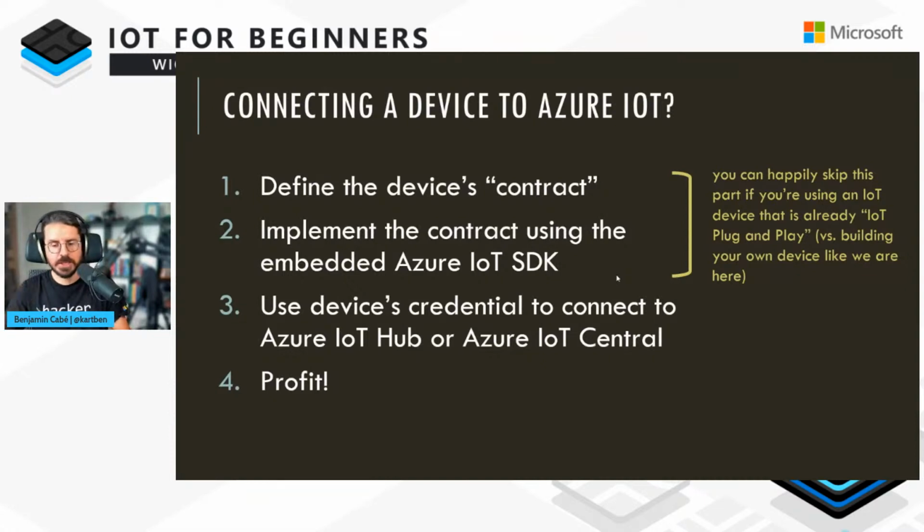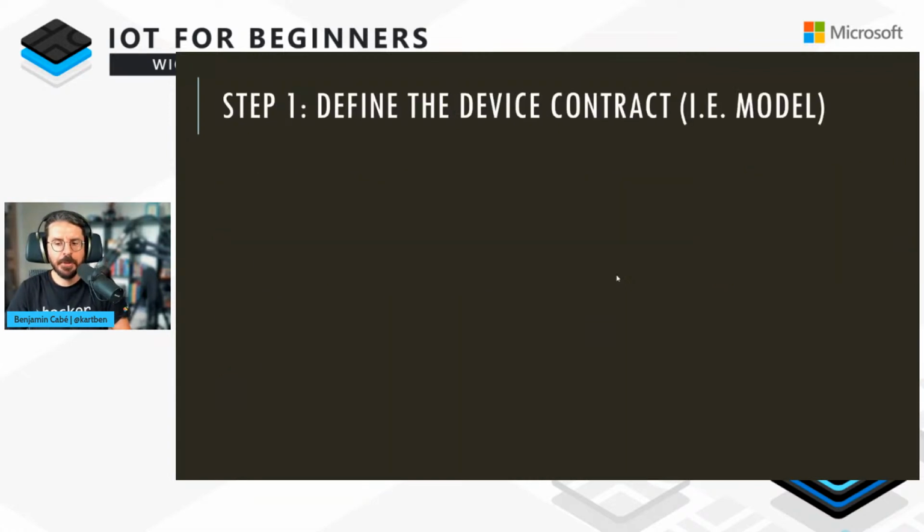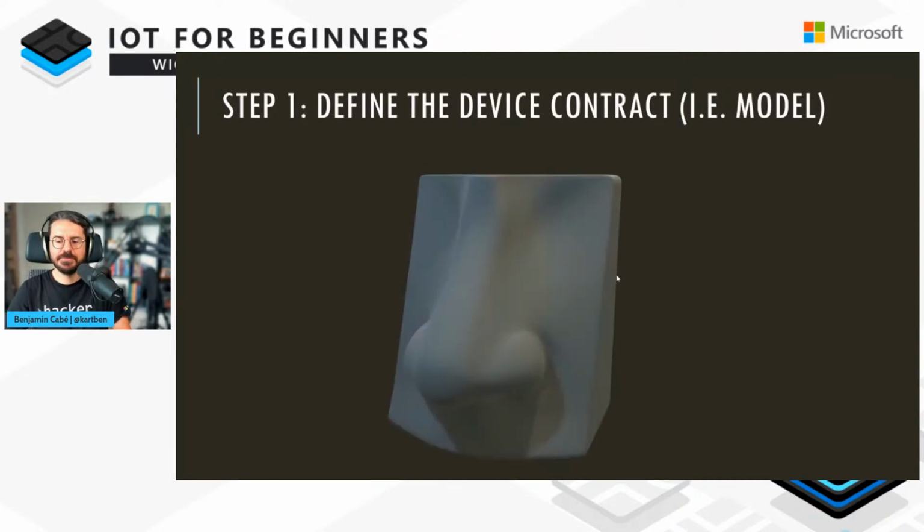One thing that's interesting, and I won't dive too deep into that, is to think about modeling how your IoT device's data looks, so that you can address the potential issue that might bite you quickly enough.